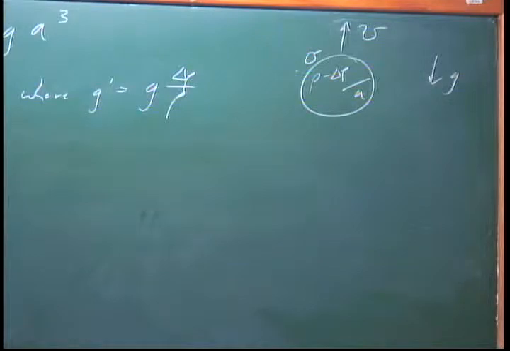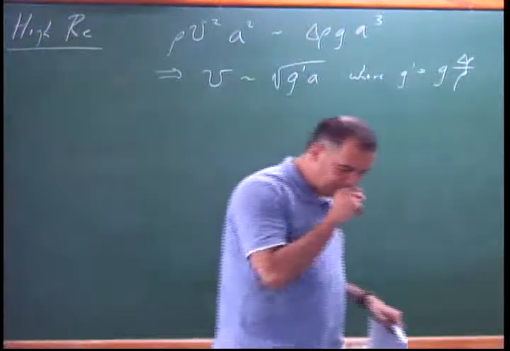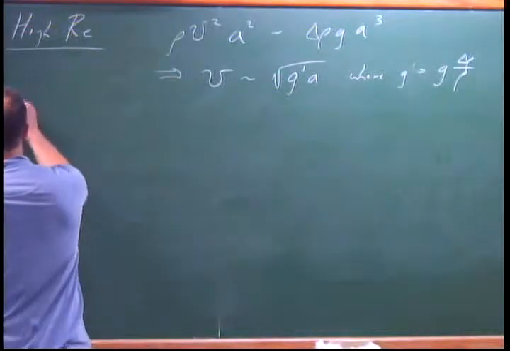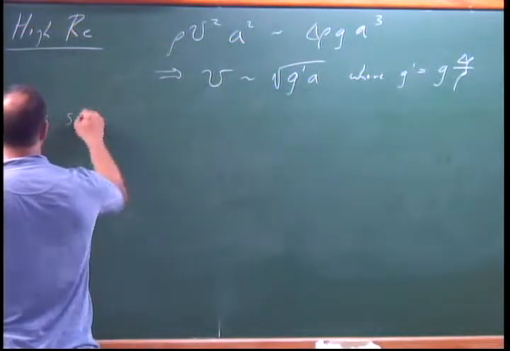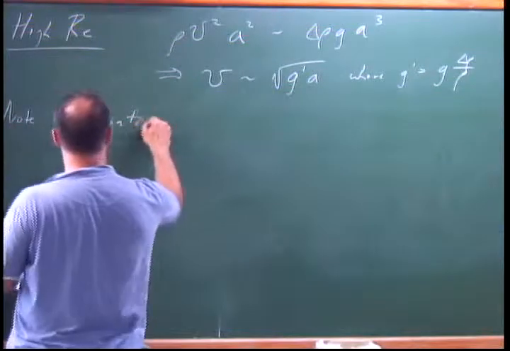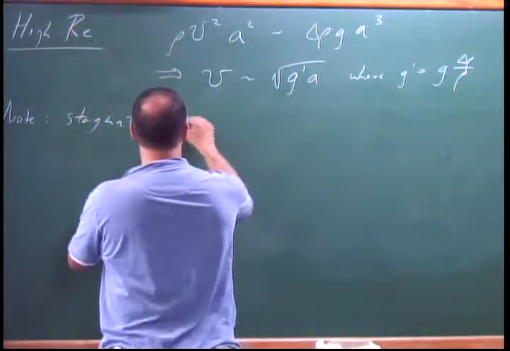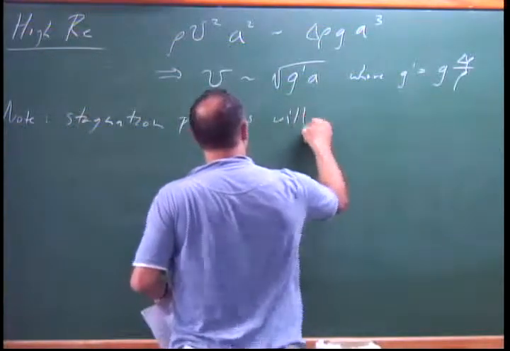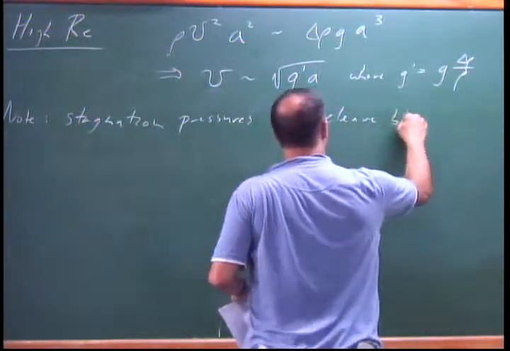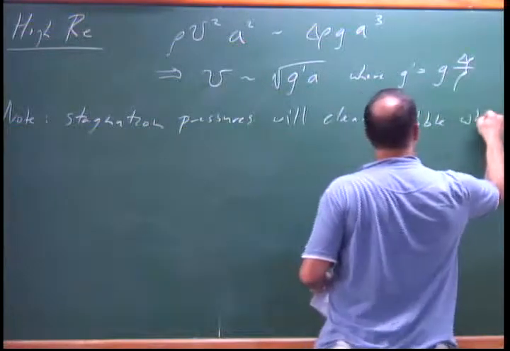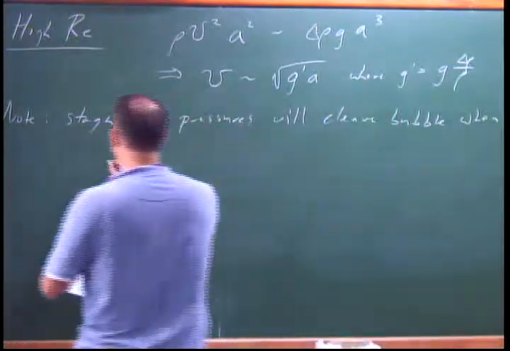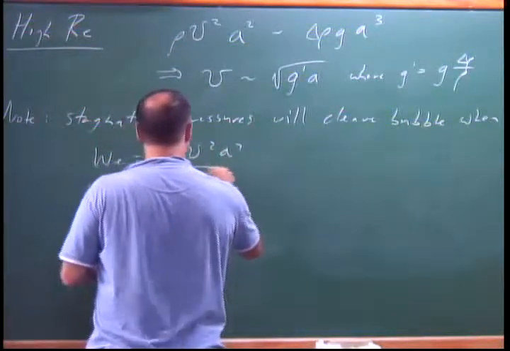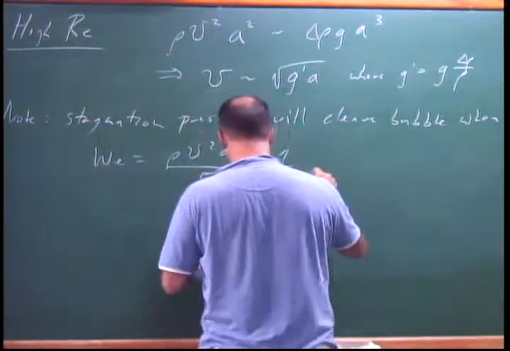Same argument as we saw when we were talking about raindrops. Stagnation pressures will cause the bubble to cleave, that's to say, break the bubble. So it's basically a Weber number criterion.